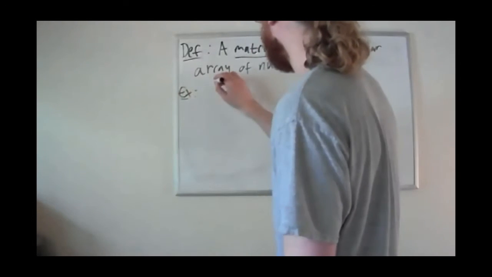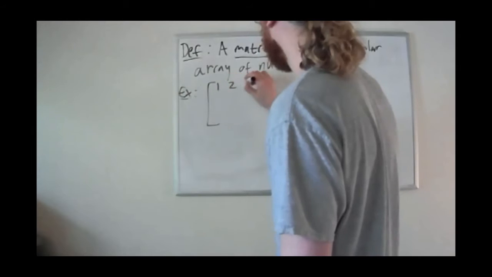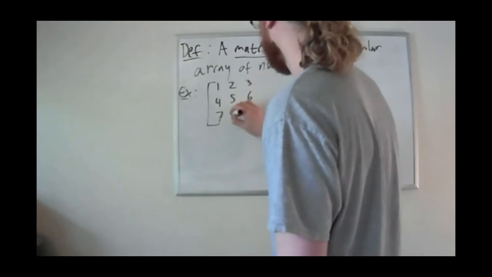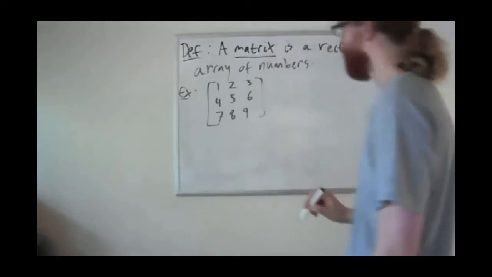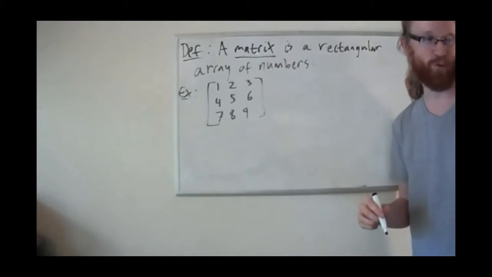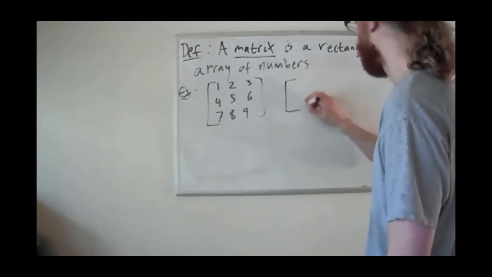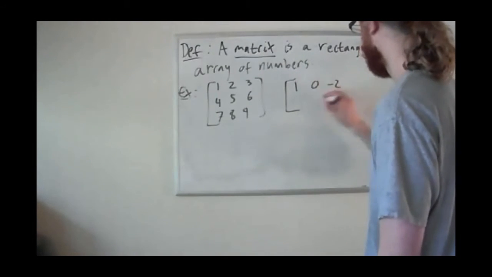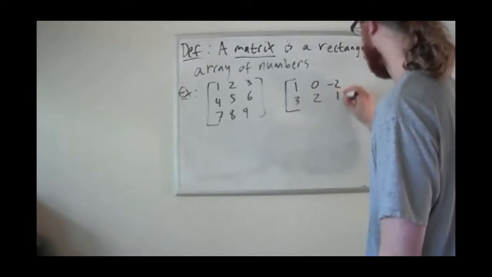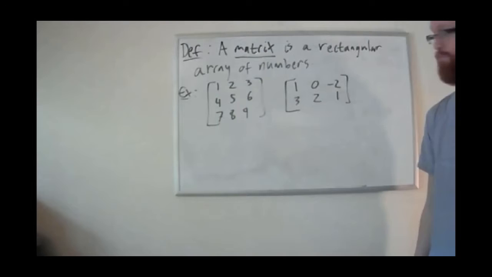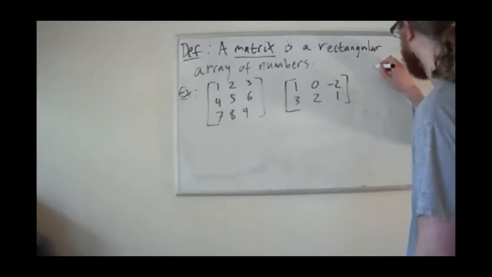Here's a bunch of examples of matrices. Here's a matrix with the numbers 1, 2, 3, 4, 5, 6, 7, 8, 9 inside of it. Here's another one. Got 1, 0, negative 2, 3, 2, 1 inside of it. And maybe here's another one.